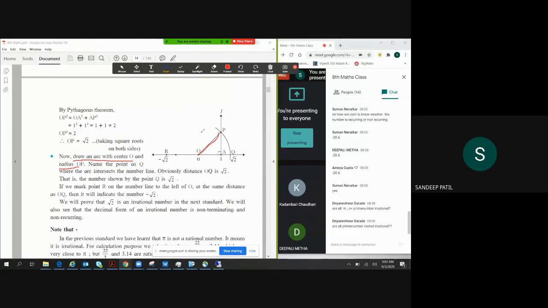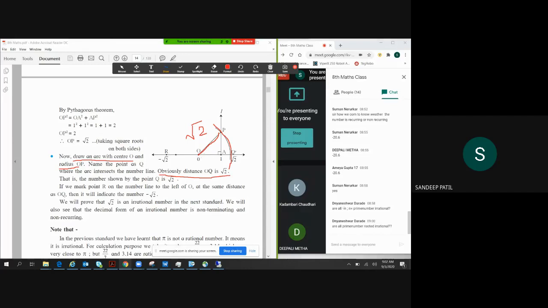OP is root 2, so the distance between O and P is root 2. What is the distance of OQ? Obviously, the distance OQ is square root of 2.